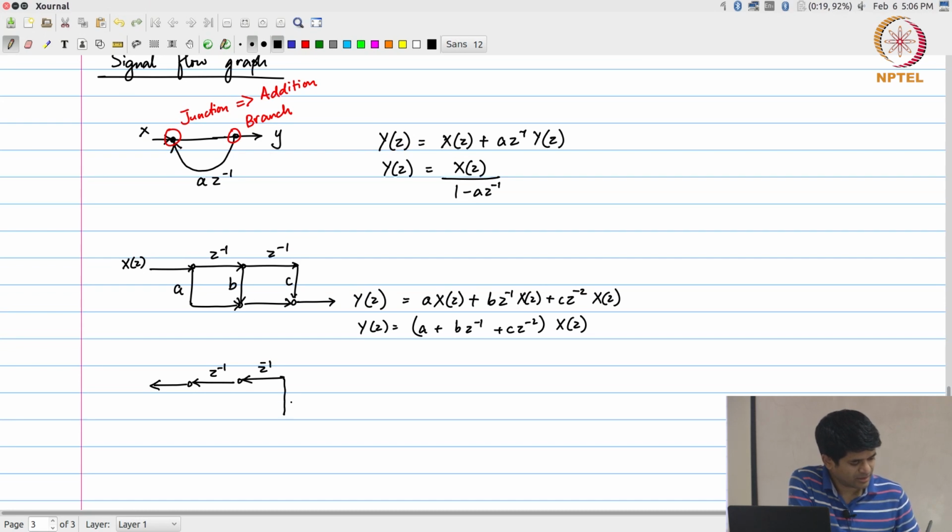Okay, this point which was a branch becomes a junction over here, where this A arrow has been reversed, and this junction becomes a branch over here.